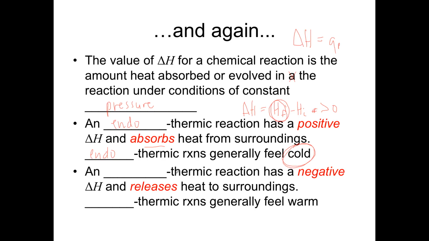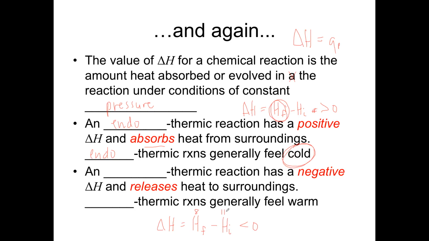All right, so what's this? A blank endo or exothermic reaction has a negative delta H. And what that means, remember, delta H is equal to the enthalpy final minus enthalpy initial. If that's less than 0, that means the final is smaller. So if it goes from big to small, let's make up a number, say 11 to 8, then it lost.